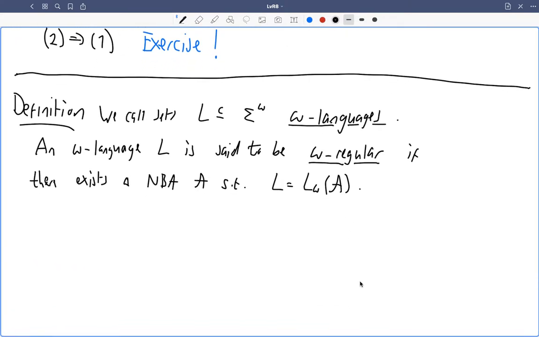So basically, an omega regular language, omega language, but one doesn't need to repeat omega too many times.